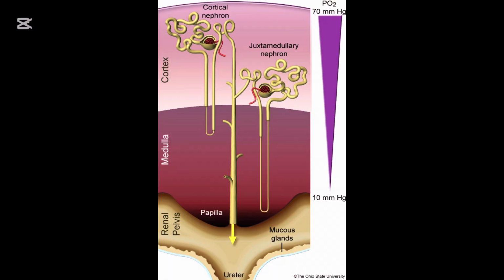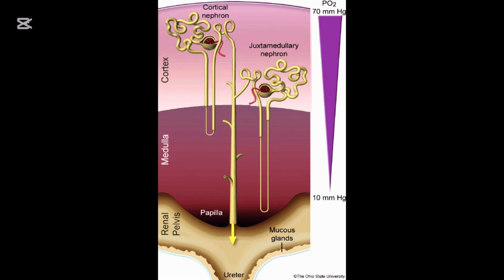While juxtamedullary nephrons, with the longer loop of Henle, extend deeper into the kidney medulla, and they are able to take part in the creation of a strong osmotic gradient, which is so required in producing concentrated urine and conserving water.